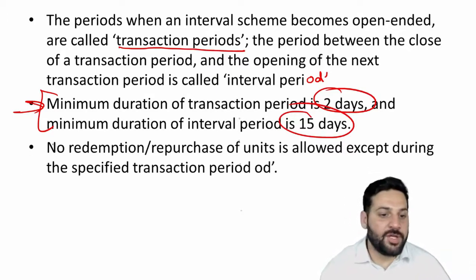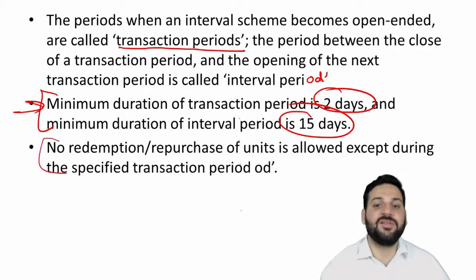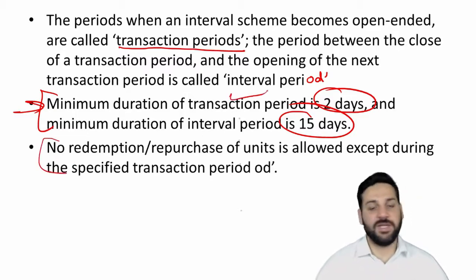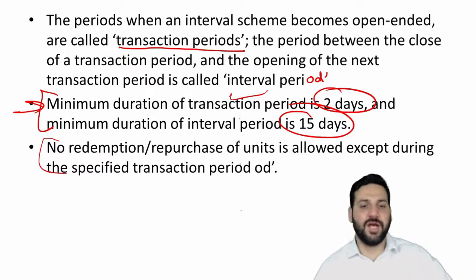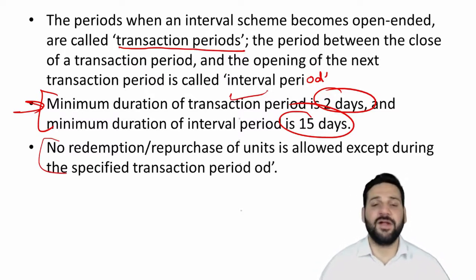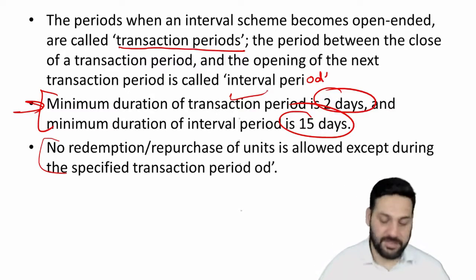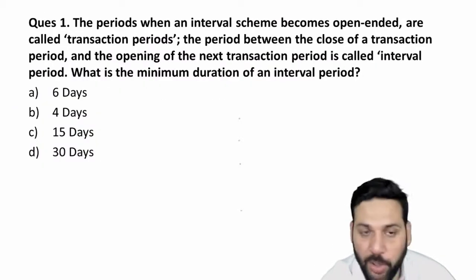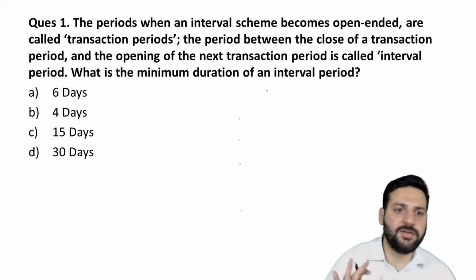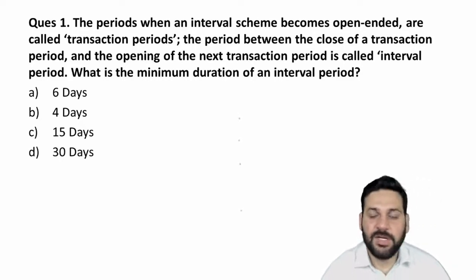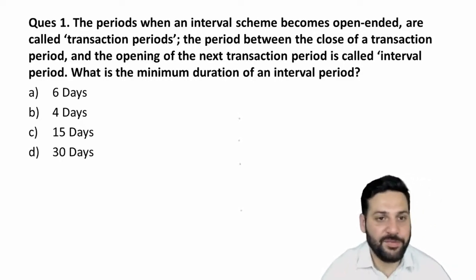So no redemption is allowed except this transaction period. After the transaction period, it is not allowed. You need to wait for the transaction period. So interval fund is having benefits of both closed-ended funds and the open-ended funds, right? So important question, little difficult, but now I have already told you, now it's easy for you.